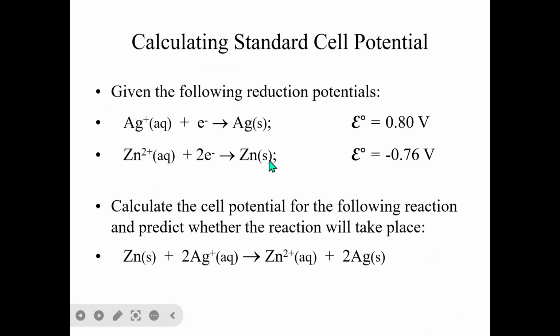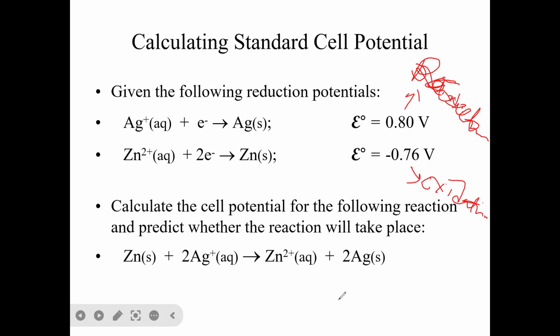So you see this value here, the lower the value, the lower the reducing property. So this one will undergo oxidation because it has low value, and this one will undergo reduction.